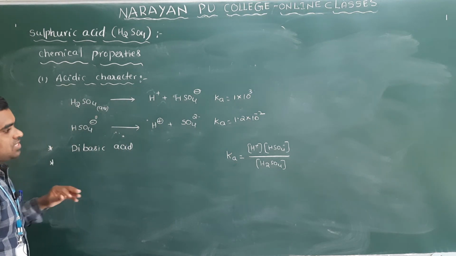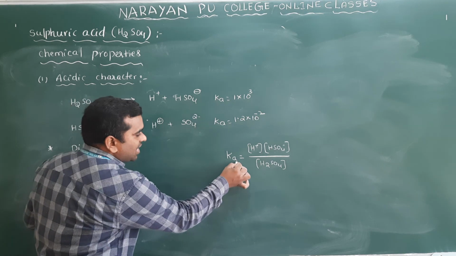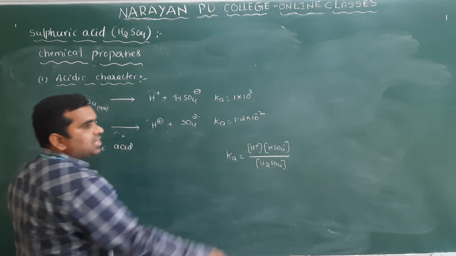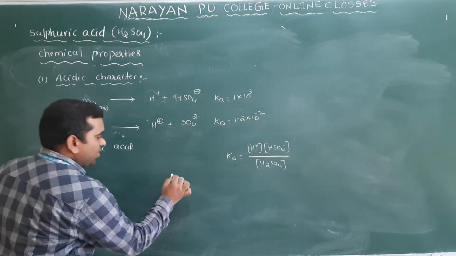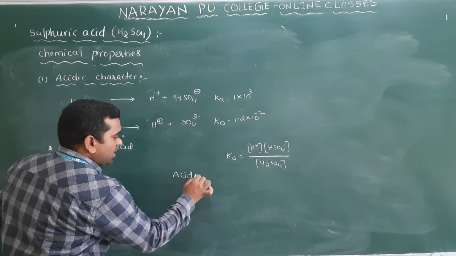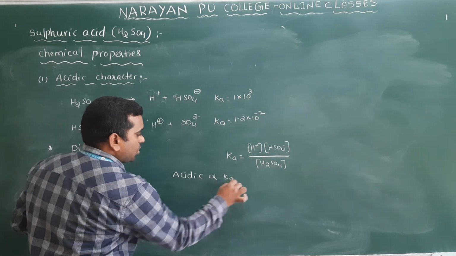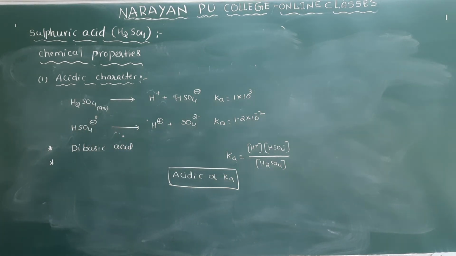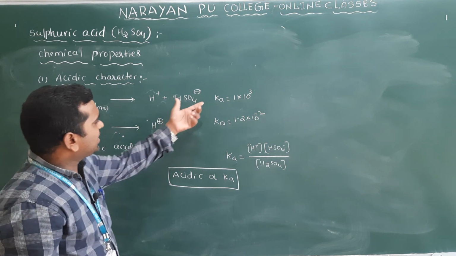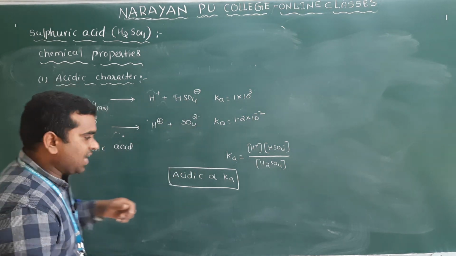So the greater the Ka value, the more acidic the nature. That is very important. Clear? Acidic nature is directly proportional to Ka. The greater the Ka value, the stronger is the acid. Clear?